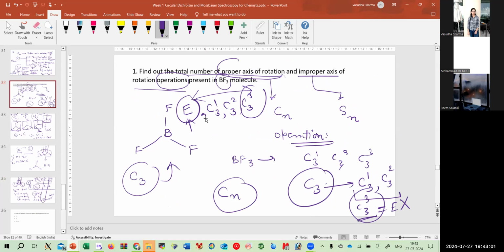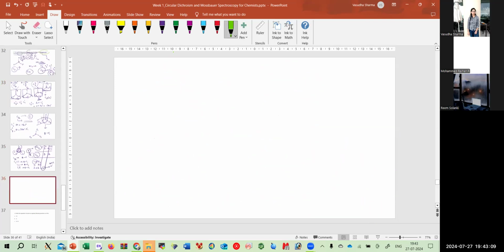Now, this was the first part of the question. The second part asks how many improper axes of rotation are present in your system. Firstly, you need to identify what Sn value can exist in your system. Say, for example, in this BF3 case, we have S3.